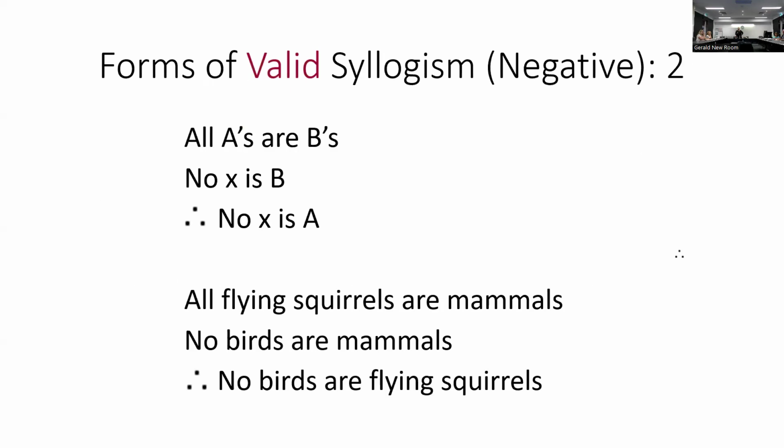Negative would be: no A's are B's, X is B, the second category, therefore it cannot be A. You don't have to remember this, you just look at the form and you know it. All flying squirrels are mammals, no birds are mammals, therefore no birds are flying squirrels.